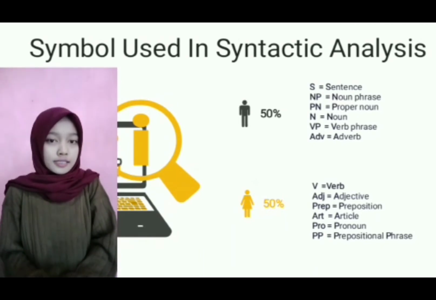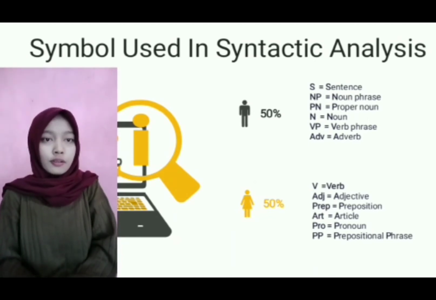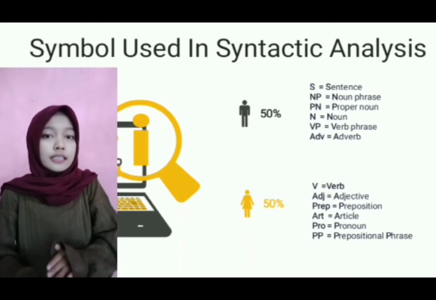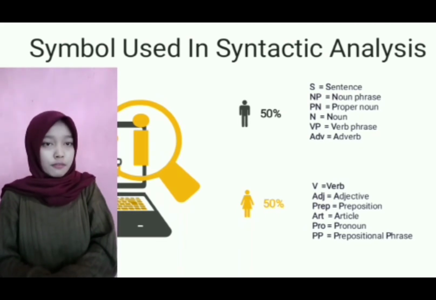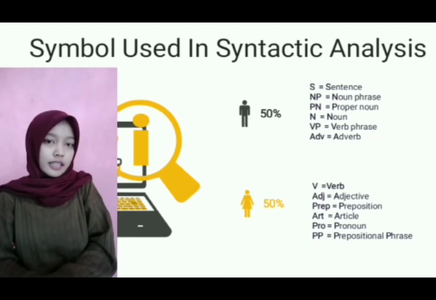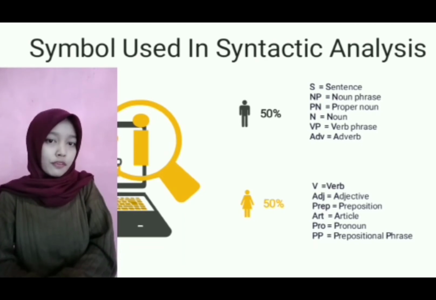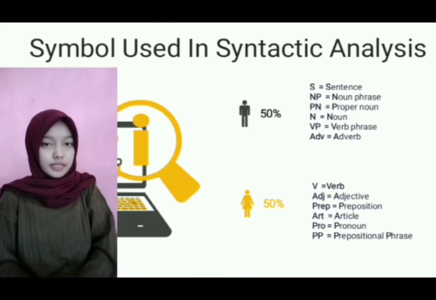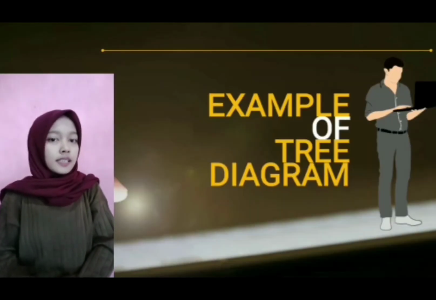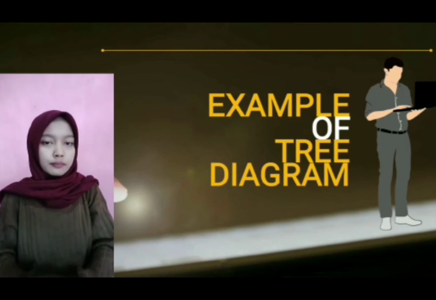The first is S for sentence, NP for noun phrase, PN for proper noun, N for noun, VP for verb phrase, ADV for adverb, V for verb, and ADJ for adjective, prep for preposition, art for article, pro for pronoun, and the last is PP for prepositional phrase. And the next is examples of tree diagrams.